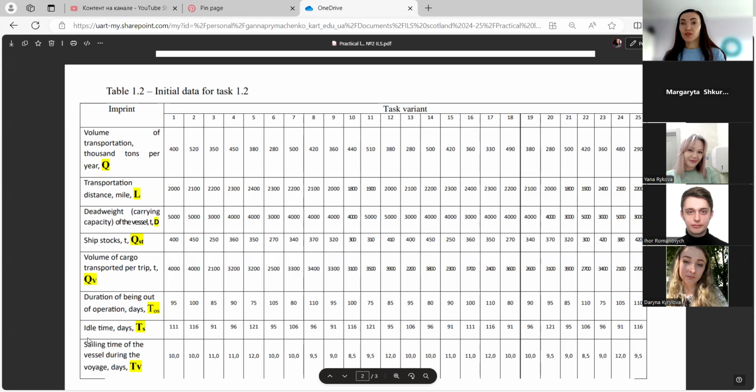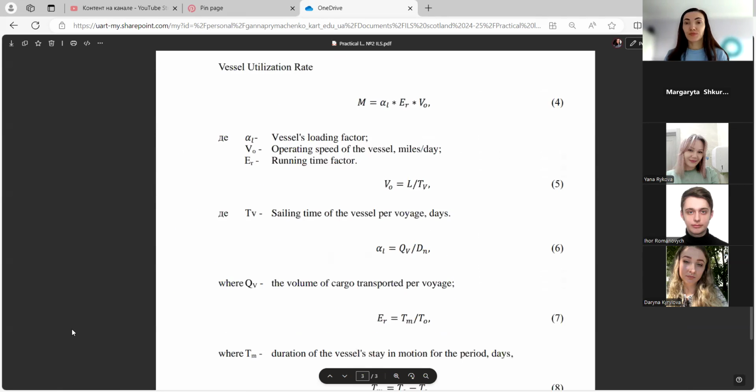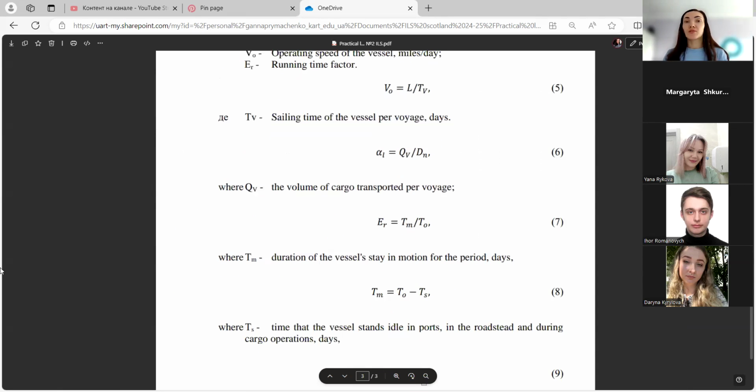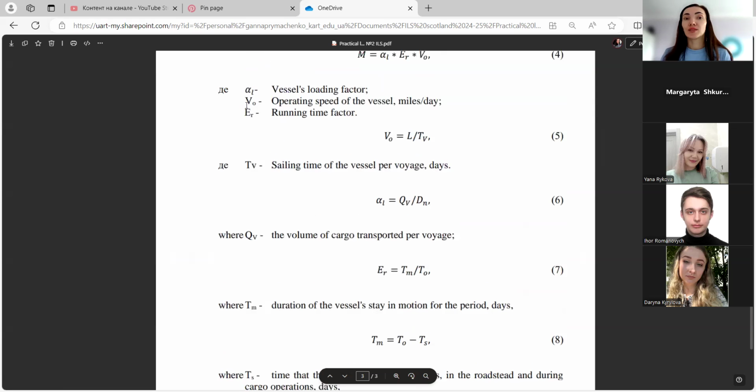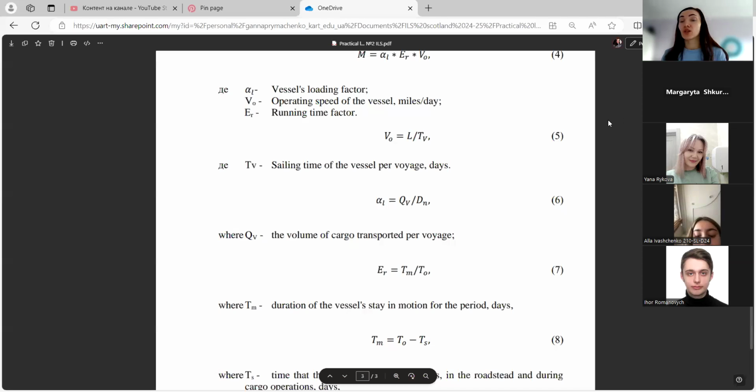Our next formula is formula number 7. Find it. Formula number 7 is E with index R. It means that E with index R is the running time factor. It is without any units, neither tons nor days, because it is a coefficient.